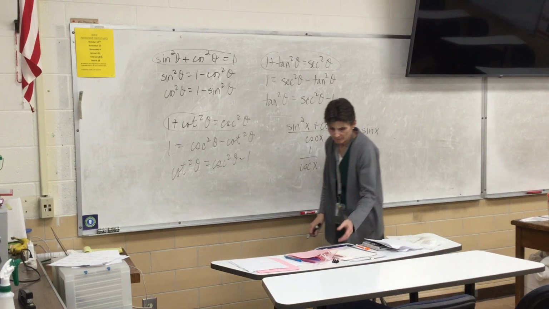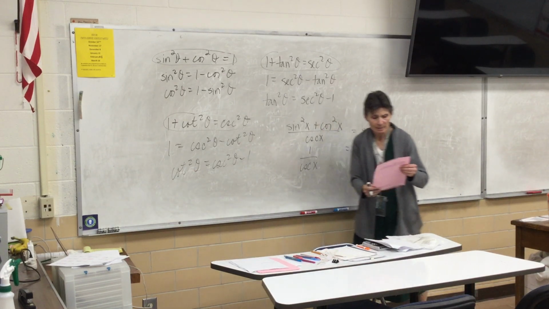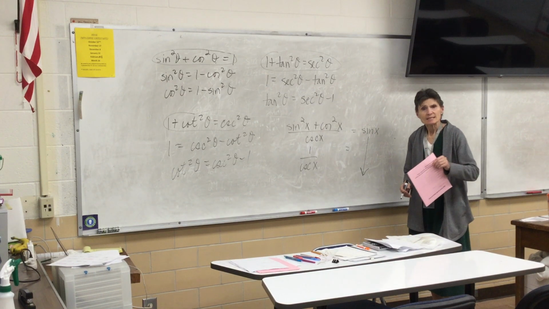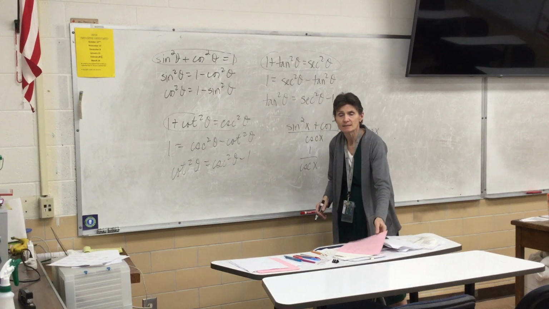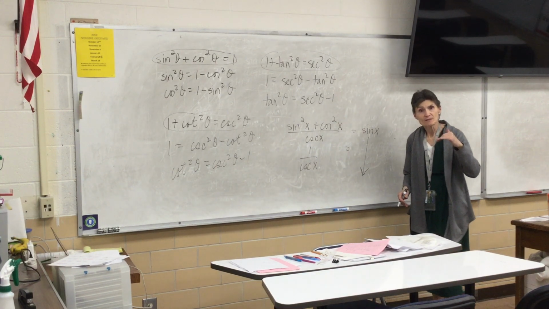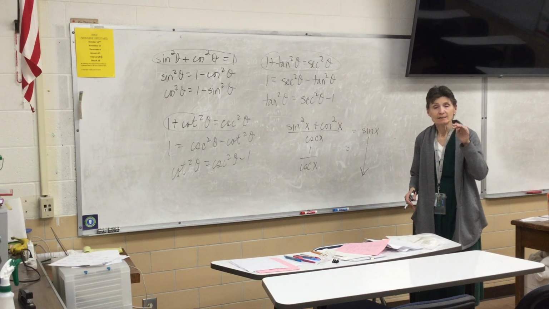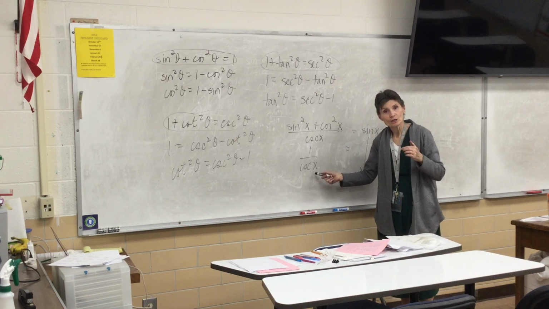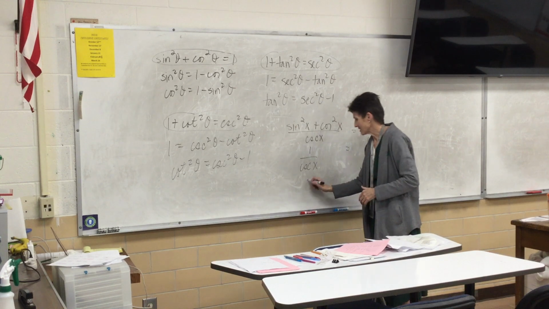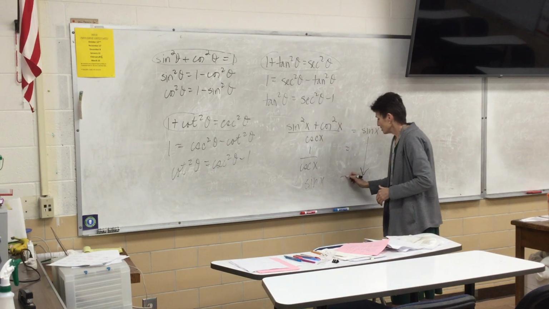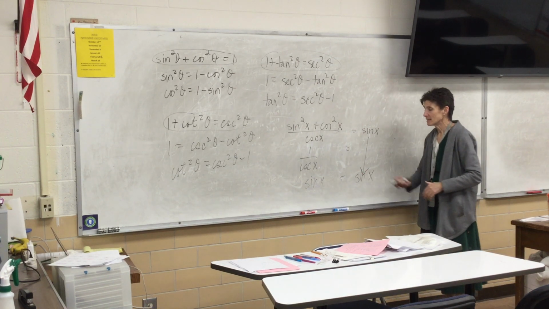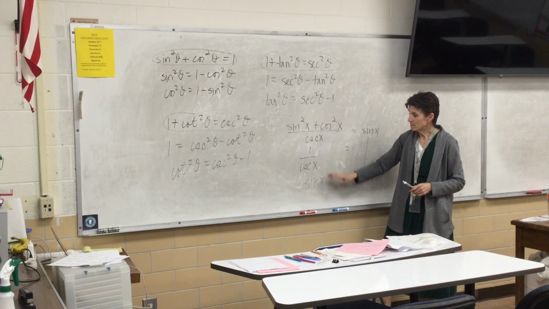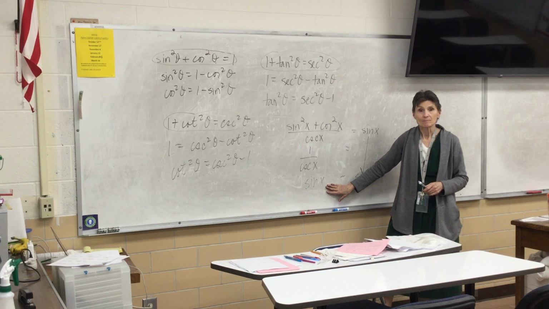Well, wait a minute. On my paper, it says that cosecant is the reciprocal of the sine. Cosecant is 1 over the sine. So what is 1 over the cosecant? It's the sine. So do you see what happened, guys? I manipulated this and it became the sine.